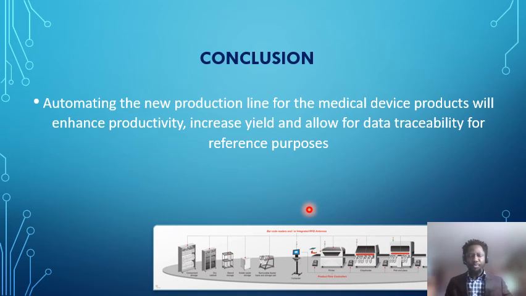I hope the little presentation here has given you an insight of what the production flow is going to look like. Automating the new production line for the medical device product will enhance productivity. There is no doubt about that. It is going to increase yield, and it is going to allow for data traceability for reference purposes, like I explained in the beginning.